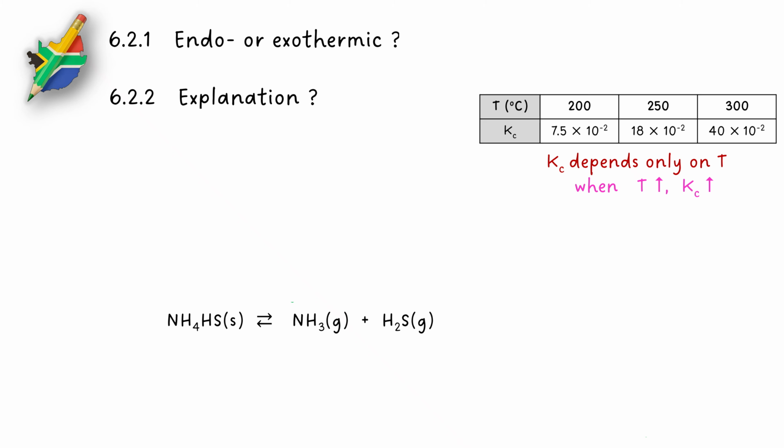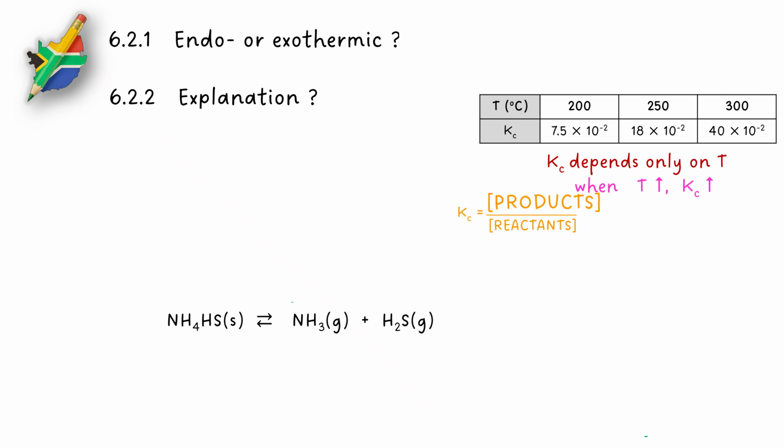For the given reaction, we can see from the values in the table that increasing the temperature causes an increase in the value of the equilibrium constant. The equilibrium constant in general is the ratio of the concentrations or pressures of the products over the concentrations or pressures of the reactants.